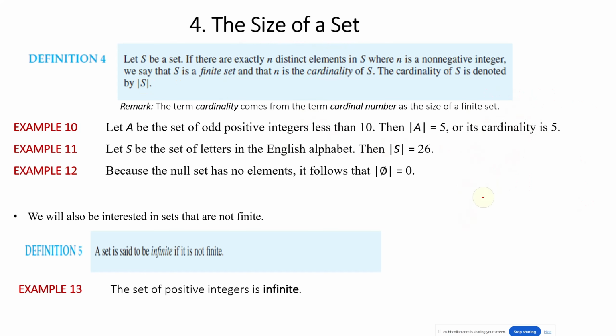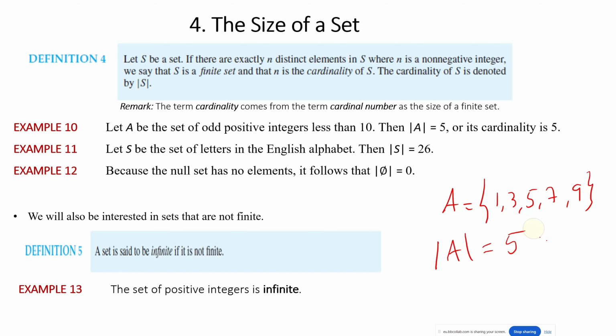But if I have the set A, the set of odd numbers less than 10, so I have 1, 3, 5, 7, 9, then this is finite. The cardinality of that set is going to be 5, I just count them: 1, 2, 3, 4, 5.